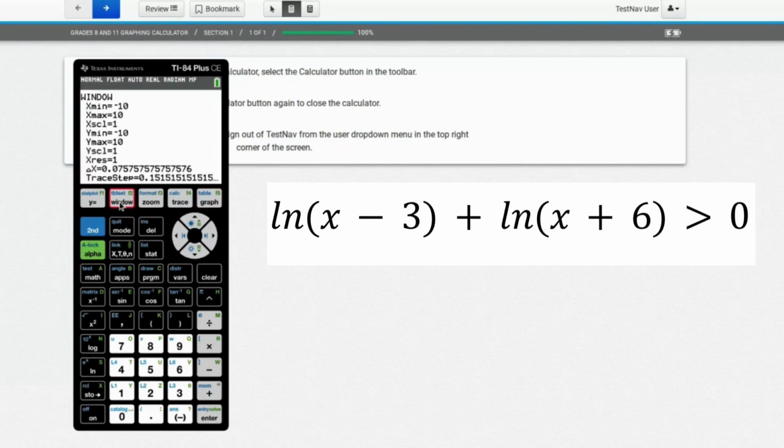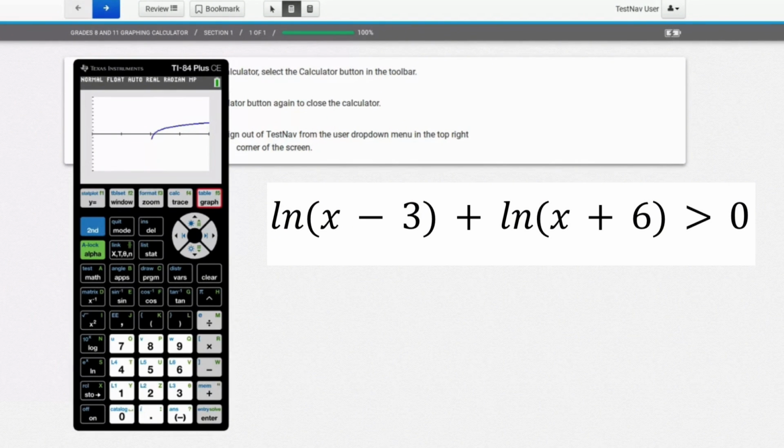So why don't I just zoom in a little bit? Since I said 3 range, let's x min at like 2, x max at like 5, just to get a better picture. In reality, this slopes down a little bit more, but the TI-84 Plus doesn't really do a great job showing that.